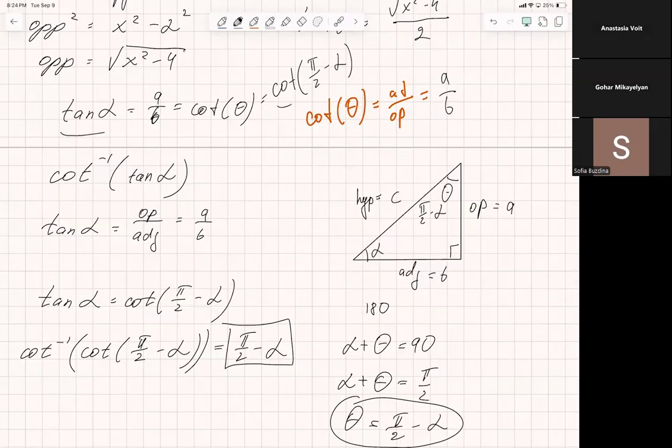This is how we can prove the identity if we don't remember it. It's also easy to see when you work with the triangle.